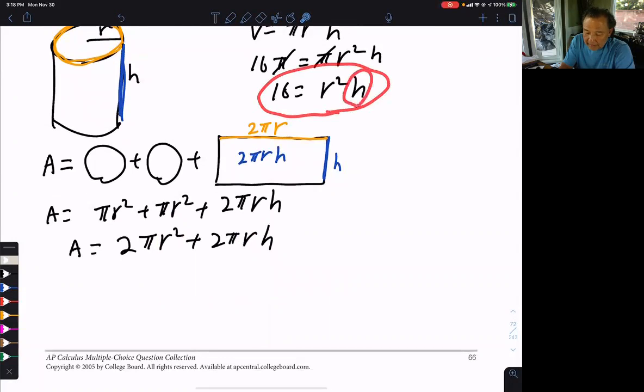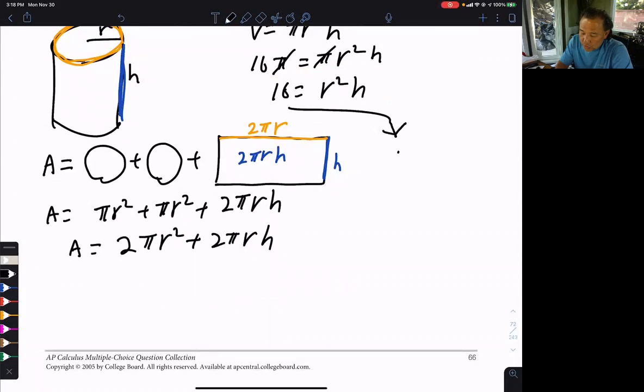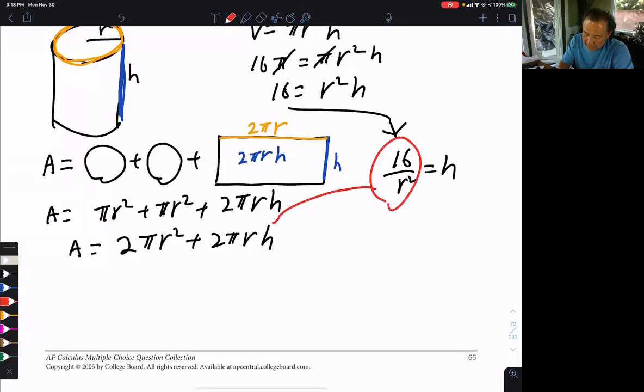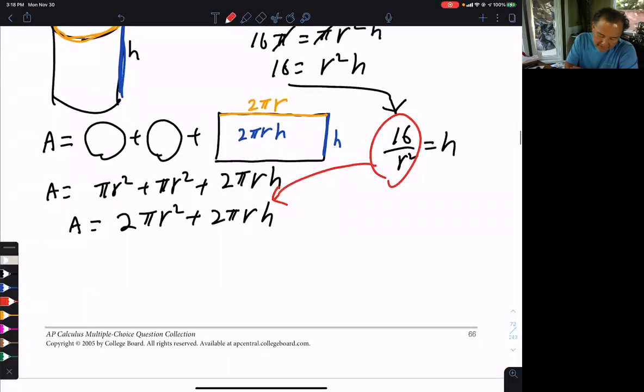I can solve for h. So I'll divide both sides here by r squared. So I have 16 over r squared equals h. So I can take this value of h and plug it in here, and I would get this.